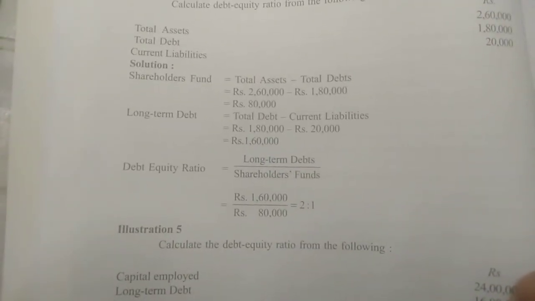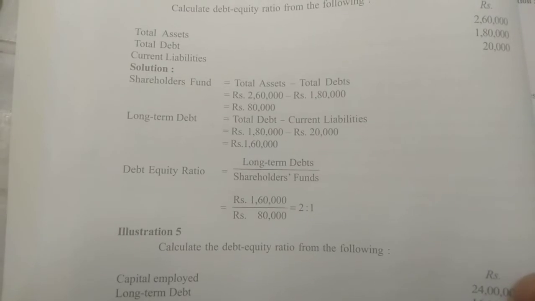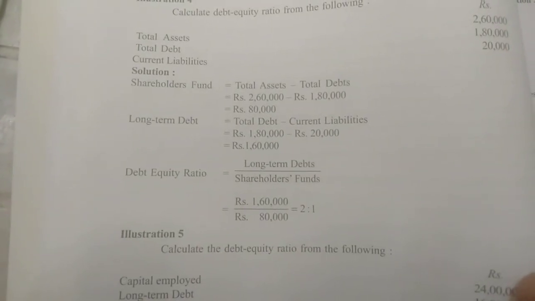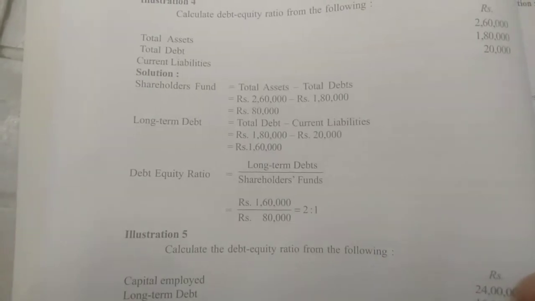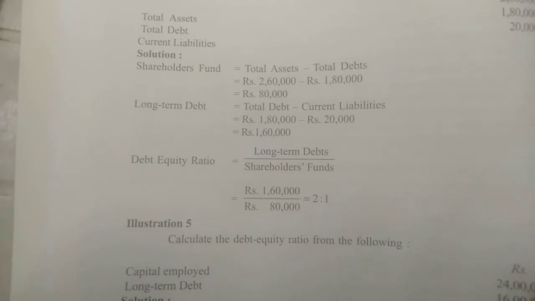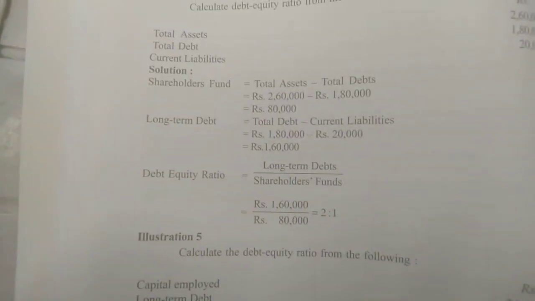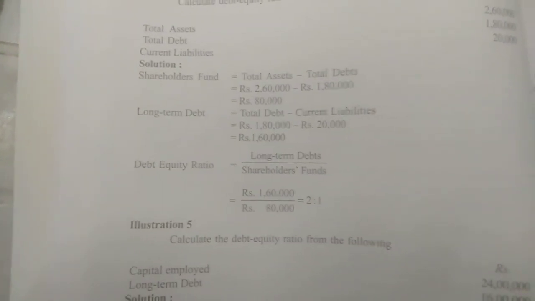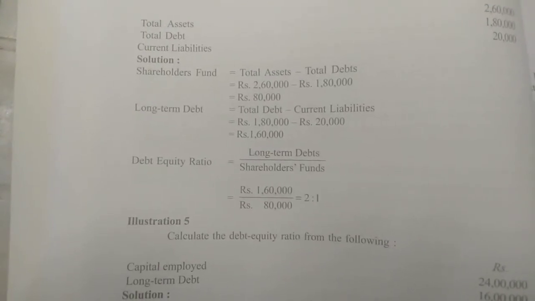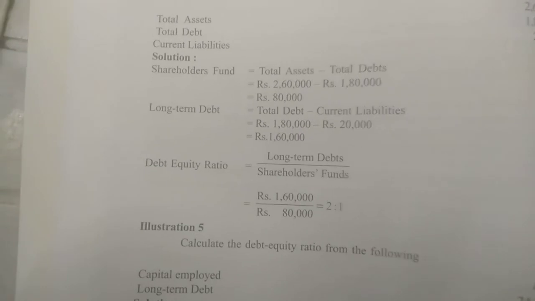So we all know total debts, it's already given, it is 1,80,000. Okay, and next we have current liabilities, that is also given, so simple, 20,000. Subtraction, we get 1,60,000. Now we have both the figures, that is shareholders fund 80,000 and long term debts 1,60,000.